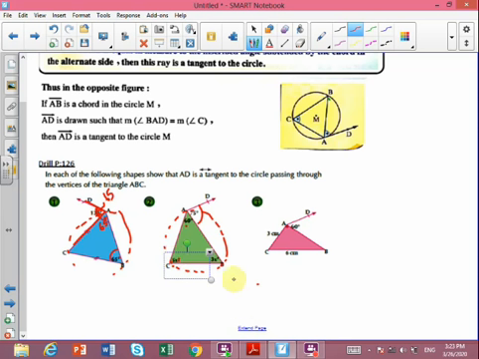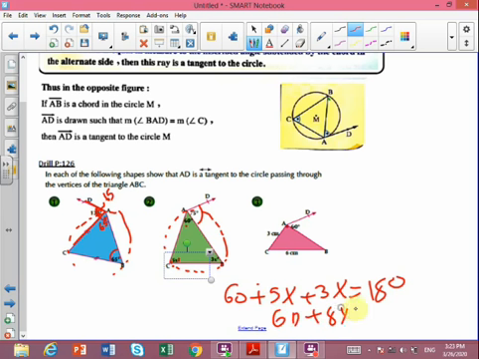Can I get angle C and angle B? Yes, because I know that the sum of the angles of a triangle equals 180. So 60 plus 5x plus 3x equals 180. So 60 plus 8x equals 180. 60 goes to the other side, so 8x equals 180 minus 60. 8x equals 120, so x is 15 degrees.